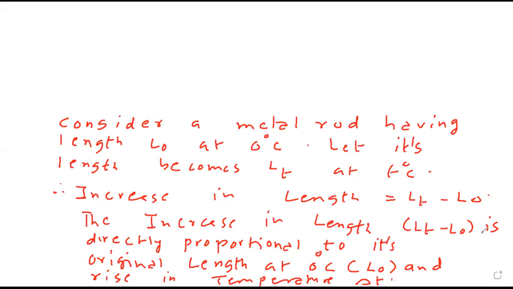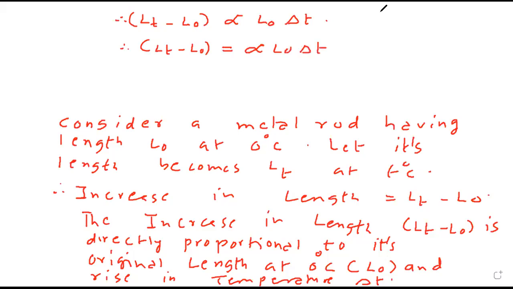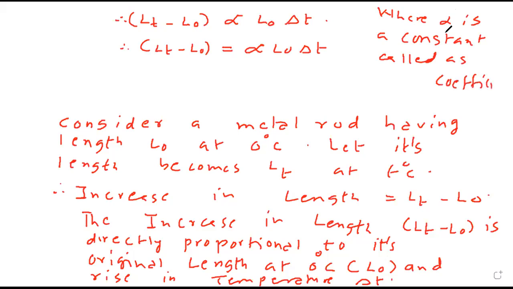The increase in length LT minus L0 is directly proportional to original length at 0 degrees Celsius, that is L0, and rise in temperature delta T. So I can write therefore LT minus L0 is proportional to L0 into delta T. Therefore, LT minus L0 is equals to some constant into L0 delta T, where alpha is a constant called as coefficient of linear expansion.